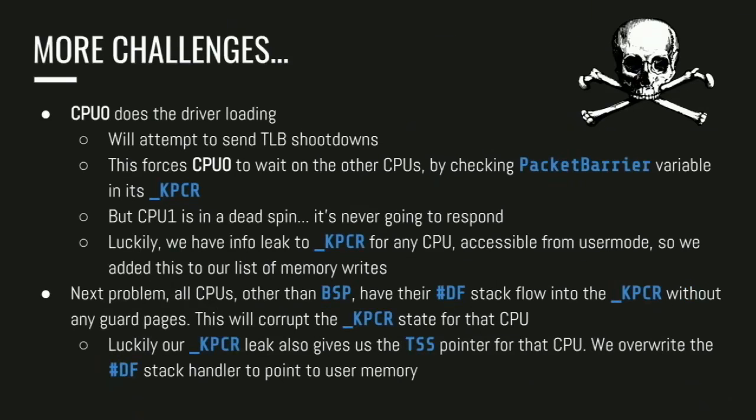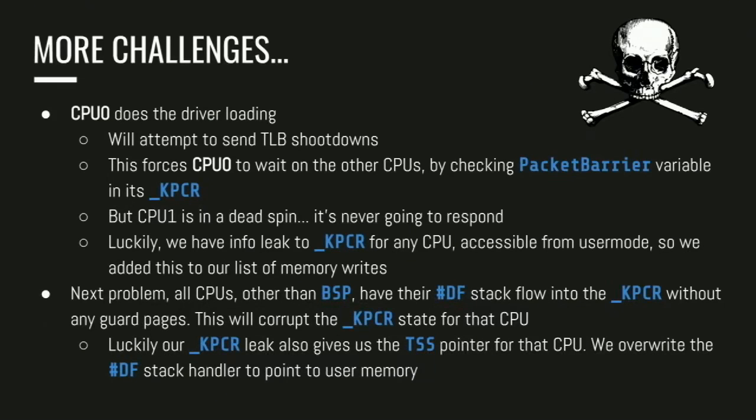So the goal here was to load a driver, obviously an unsigned driver. Without getting into deep technical detail, you can ask us later at the Q&A: CPU 0 has to do the driver loading. The reason for that is related to APIC priority types of interrupts. CPU 0 would be the only one that could respond to disk interrupts.